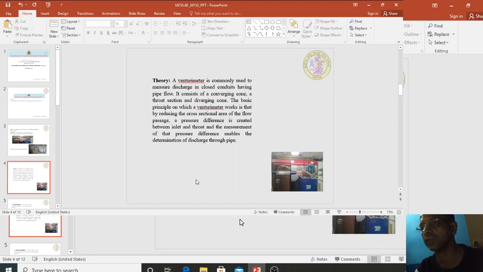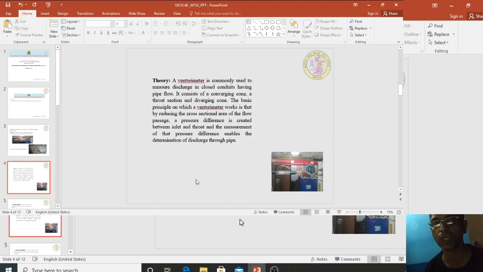A Venturi meter is commonly used to measure the discharge in a closed conduit having pipe flow. It consists of a converging cone, a cross section and a diverging section.